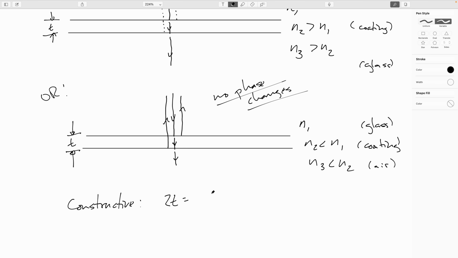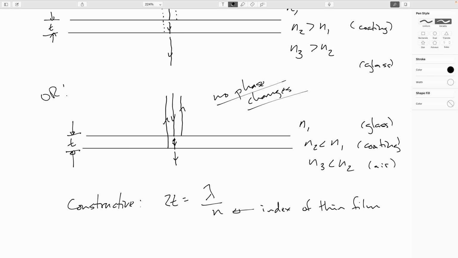So this would be the wavelength in the vacuum. This is the index of our film. So the combination of these two is one wavelength in this medium here.